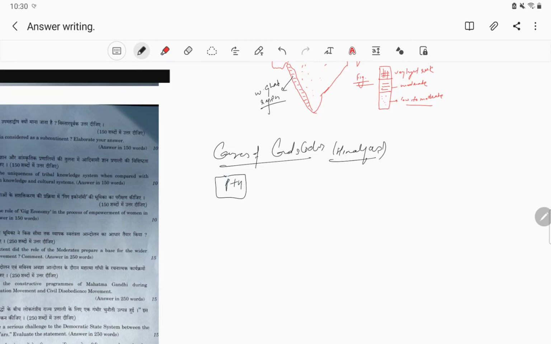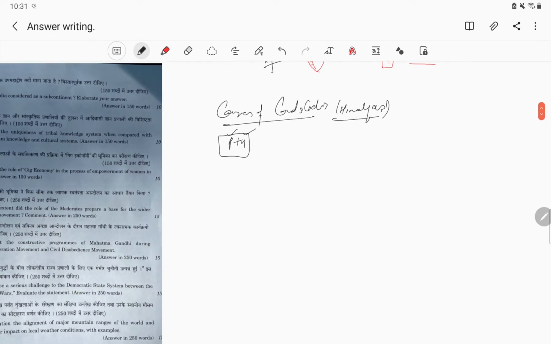Geography says genesis of physical plus human. Here comes physical first, because Himalayas have different geomorphological and geological structure.